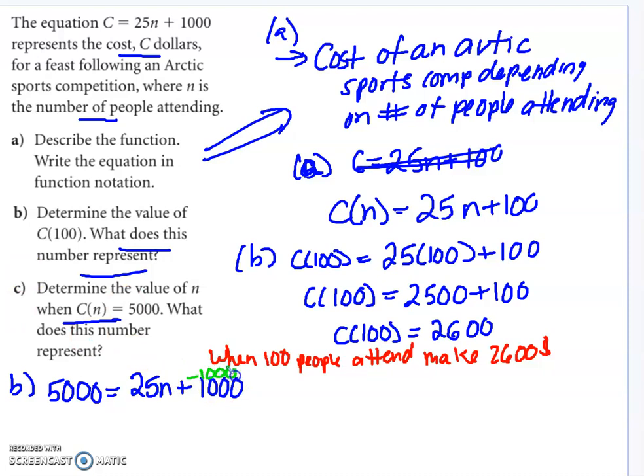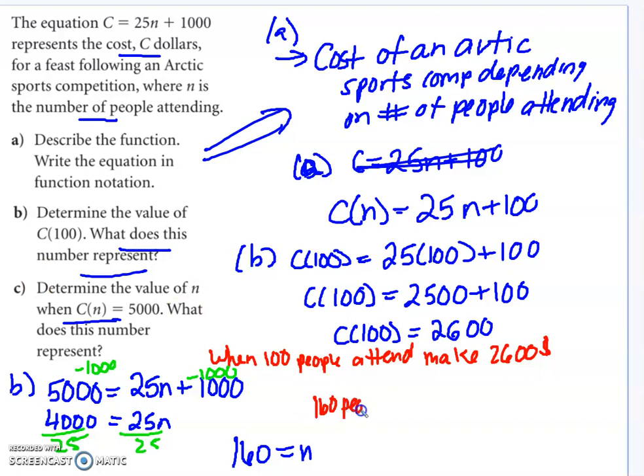We'll subtract 1,000 from both sides to get 4,000, and then divide both sides by 25, which is going to leave us with 160. So the meaning of this one is that 160 people need to attend to make $5,000.